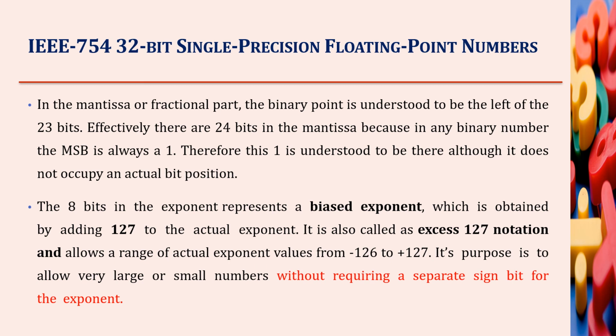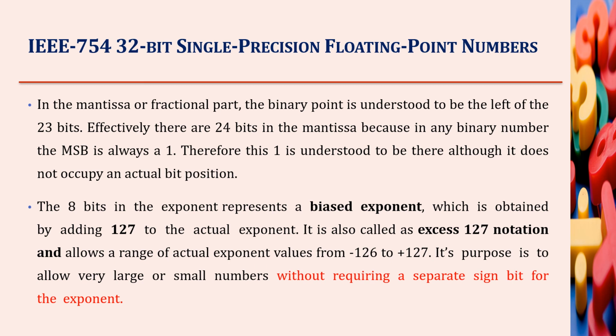So the mantissa can be represented as 1.xx. This 1 is understood to be there, although it does not occupy an actual bit position. We are not going to store it explicitly because for every binary floating point number there is a leading bit 1. So we take only 23 bits for representing the mantissa part, but actually there are 24 bits in the mantissa.